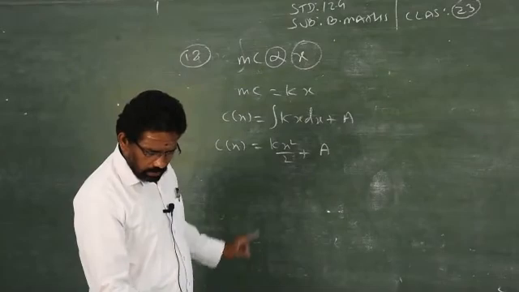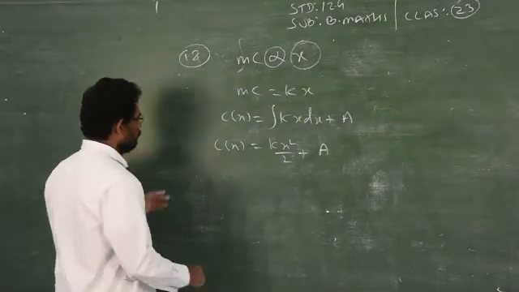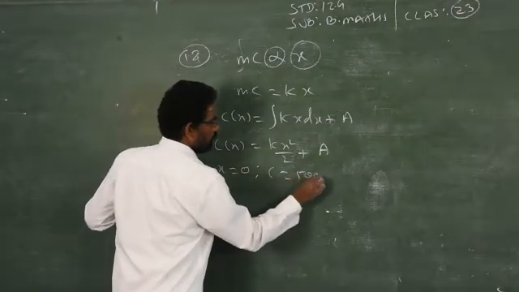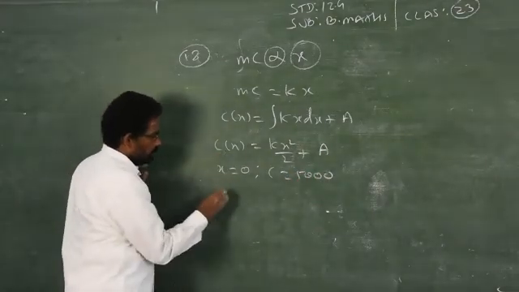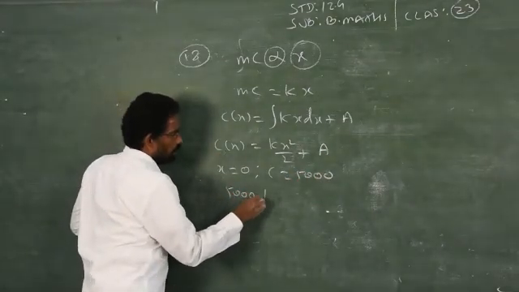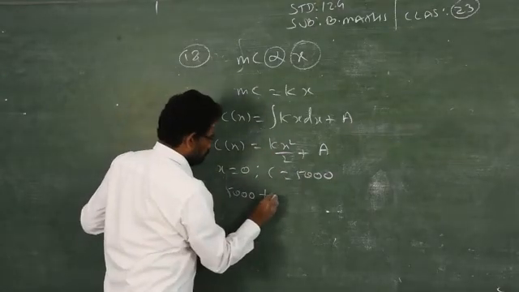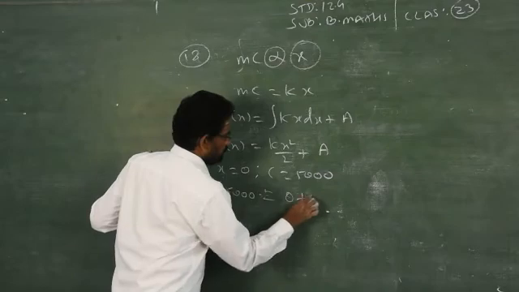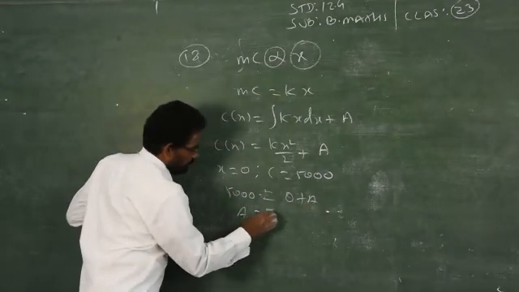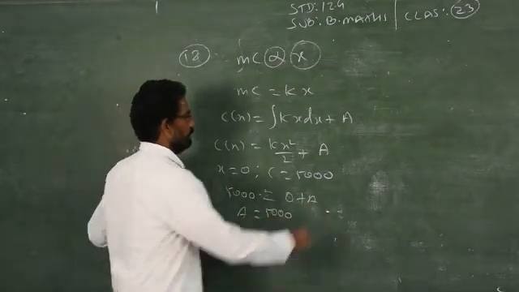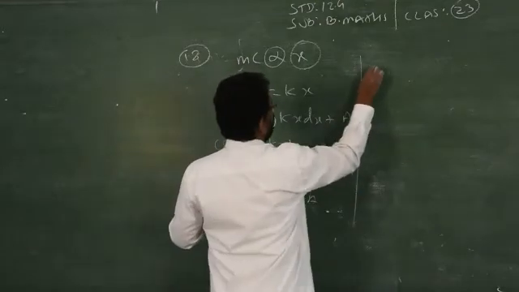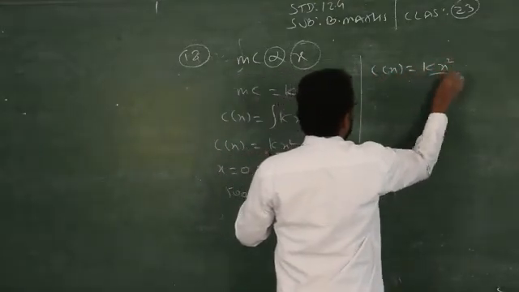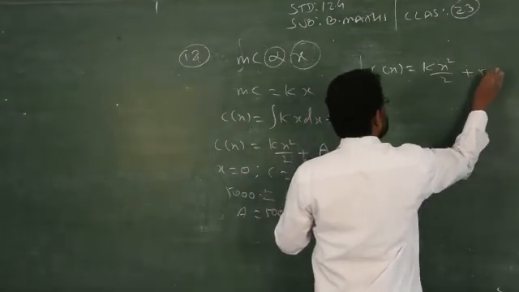When the fixed cost is 5,000, you have to take x equal to 0 and C equal to 5,000. So I am replacing C by 5,000 and x is 0, so 0 plus A. So A is equal to 5,000. Clear? So our cost function is equal to kx square by 2 plus 5,000.